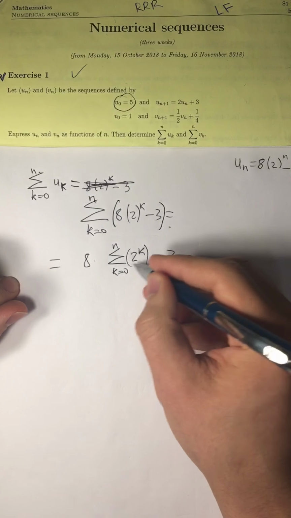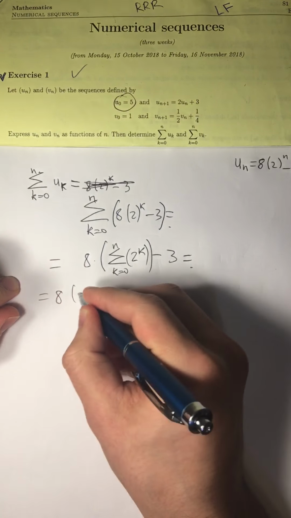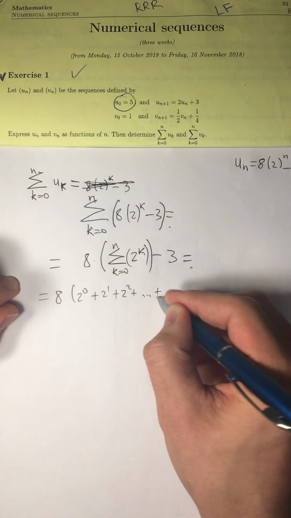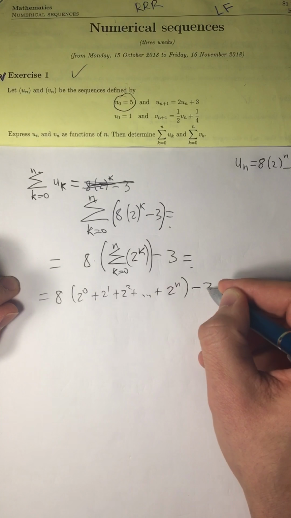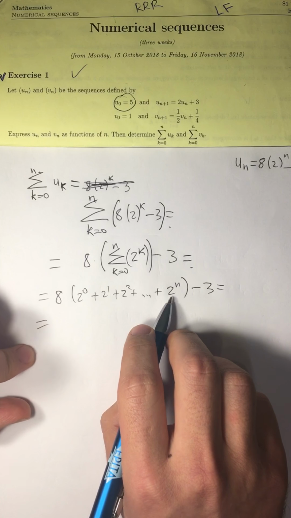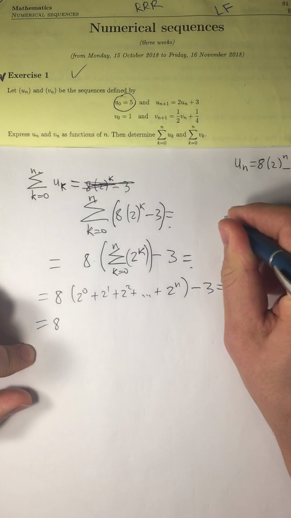Now what this means is 2 to the 0 plus 2 to the 1 plus 2 squared, up to 2 to the n, minus 3. If you focus on this, this is a geometric sequence. I'm going to write the formula for the sum of a geometric sequence right here.